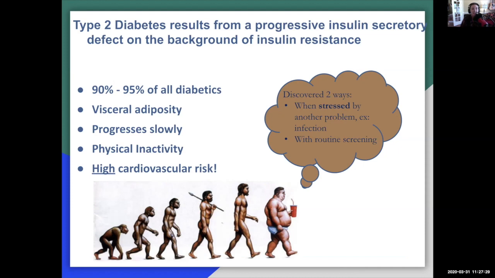That's a significant stress on your body, and that's a situation where you can't make enough insulin to deal with the stress-related blood sugar that is going on. And so you'll have patients coming in the hospital and they have disproportionally high blood sugars for what's going on with them, and that's how we figure it out.